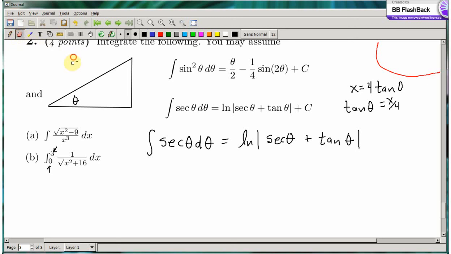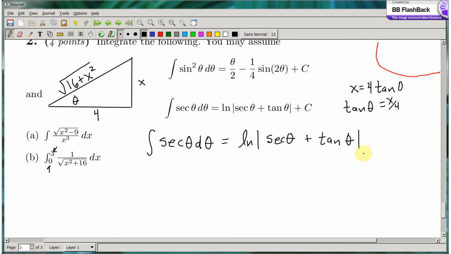There it is. So let's start labeling the sides. So if tangent theta is equal to x over 4 and tangent is opposite over adjacent, then this is x over 4. Okay, so now just by the Pythagorean theorem, this is going to be the square root of 16 plus x squared. So just write out a squared plus b squared equals c squared and solve for the hypotenuse if this is a mystery.